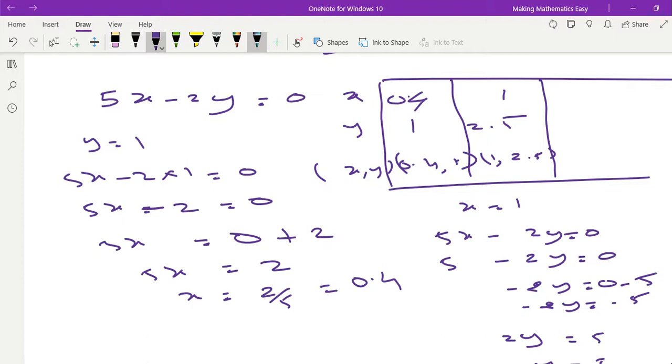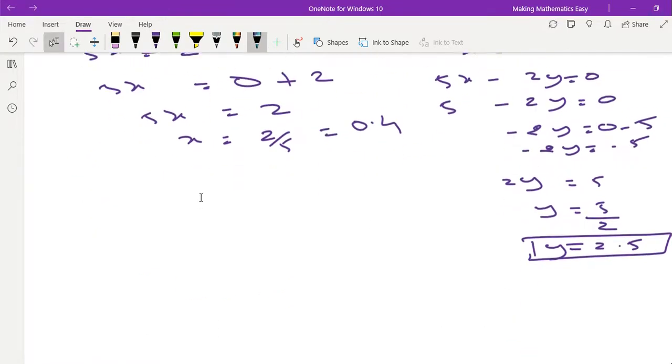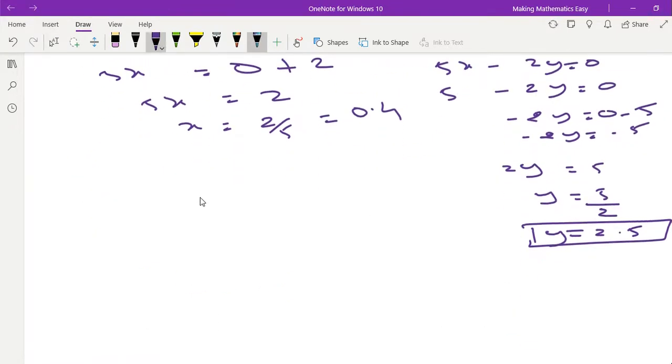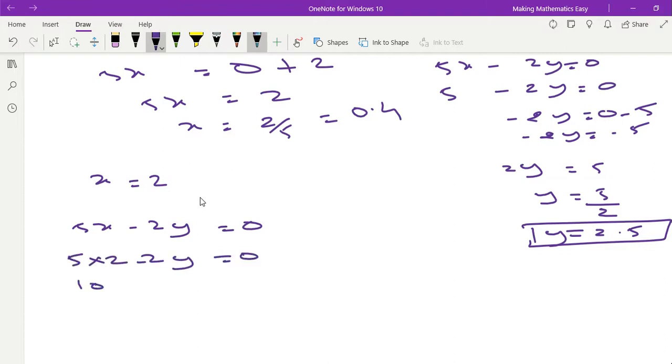Now let us take x as 2, so this will be 10 minus 2y is equal to 0, minus 2y is equal to minus 10. This 10 will become minus over here, so this will be minus 10.